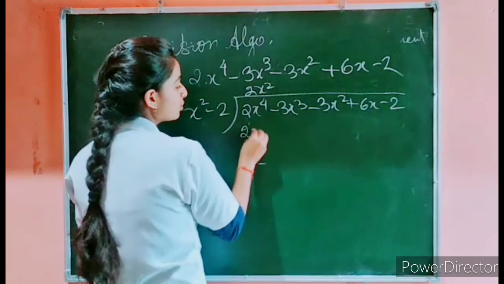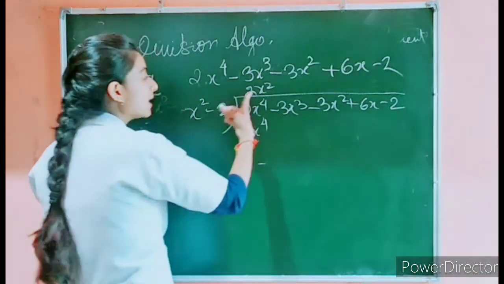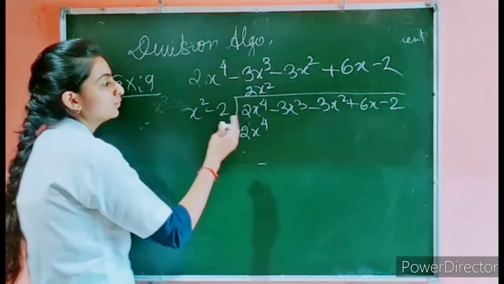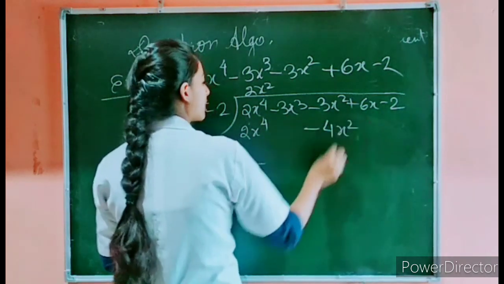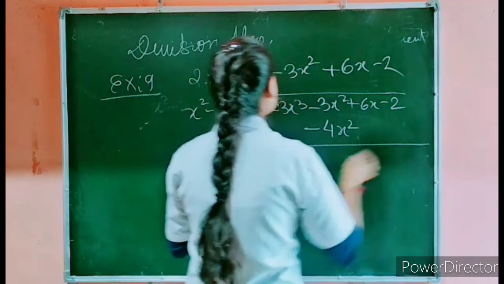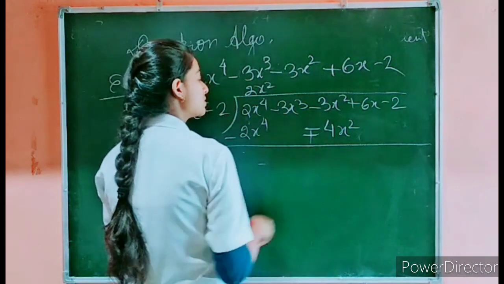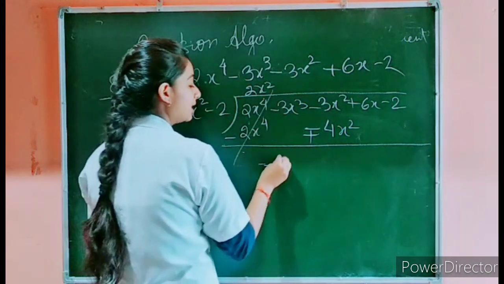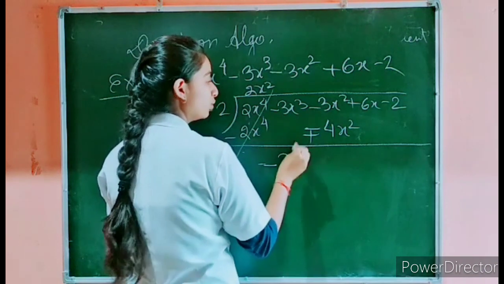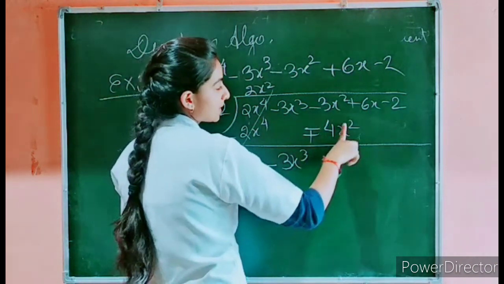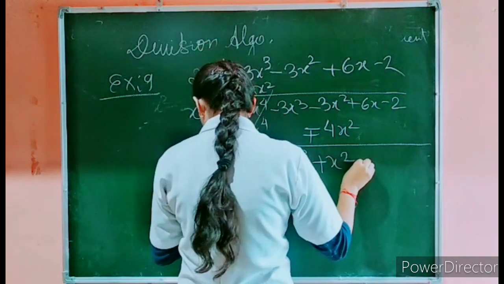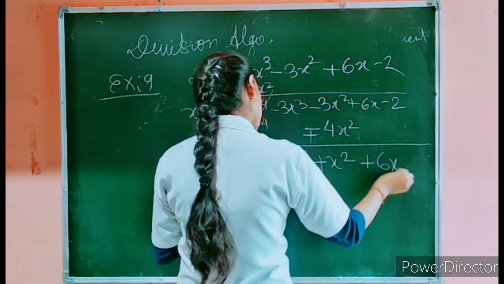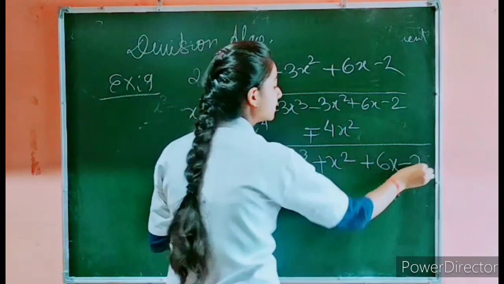So we get 2x power 4. 2x square into 2, we get minus 4x square. Now the sign will change. Here it cancels, minus 3x cube plus 4x square minus 3x square, we get plus x square plus 6x minus 2.